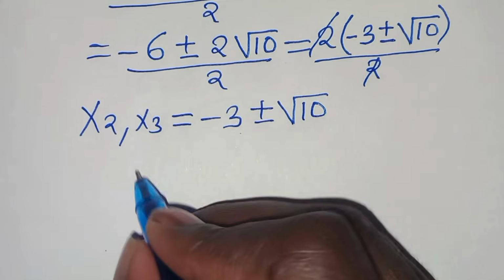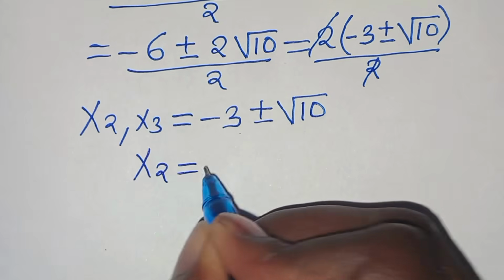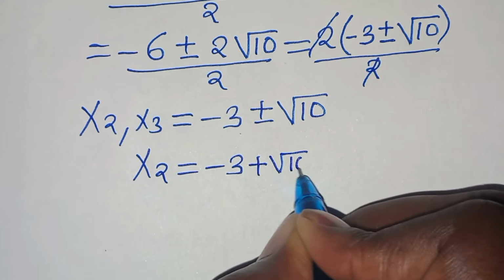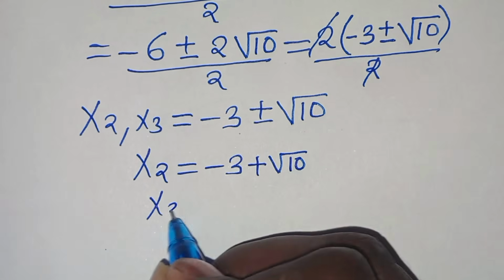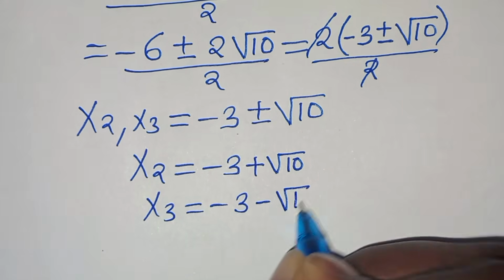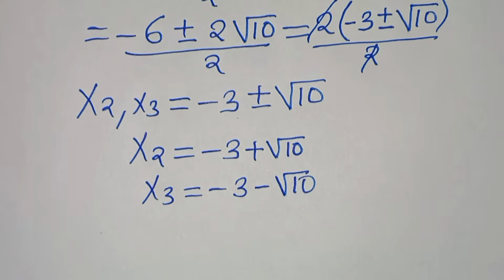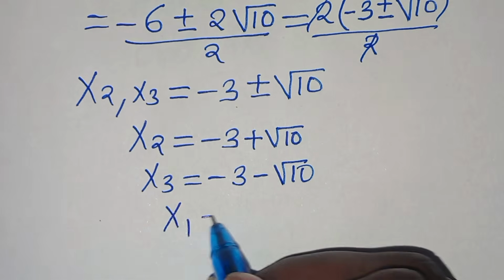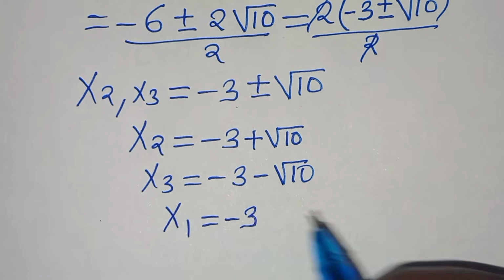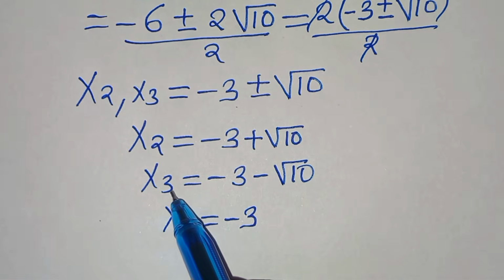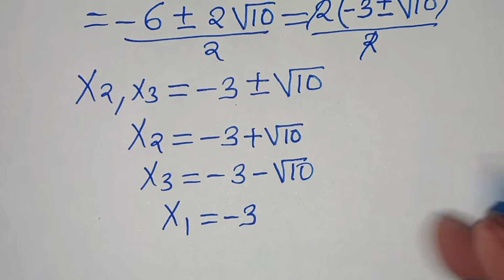So this implies that we have x2 is equal to minus 3 plus square root of 10, and x3 is equal to minus 3 minus square root of 10. So we have got 3 solutions here. We have x1 is equal to minus 3, x2 is minus 3 plus square root of 10, x3 is minus 3 minus square root of 10.